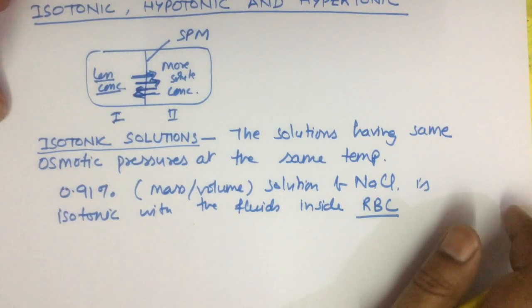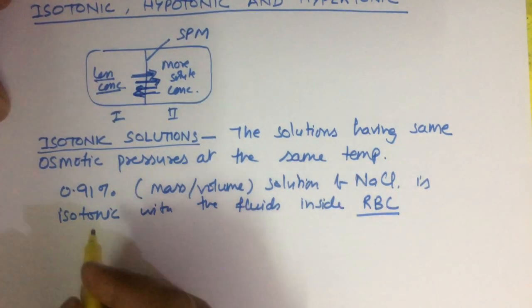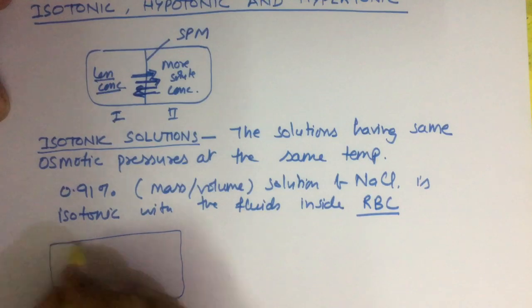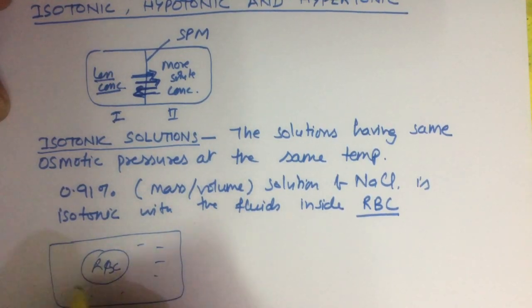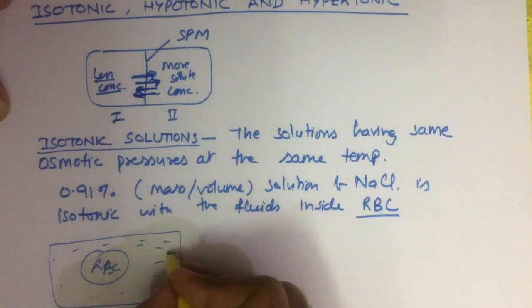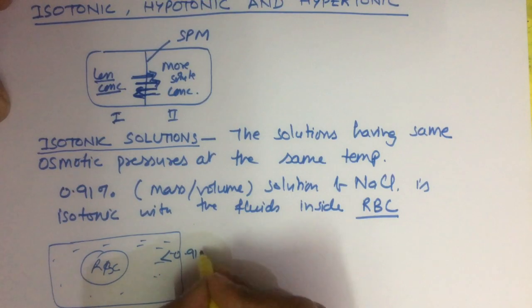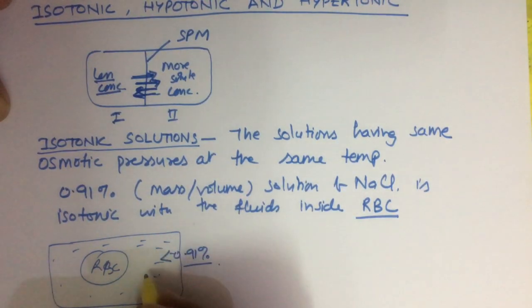Now, if the sodium chloride concentration is less than 0.91%, suppose there is a medium and we have an RBC. Now what happens here? It is placed in a medium where the concentration is less than 0.91%, so the water molecules are more on this side.